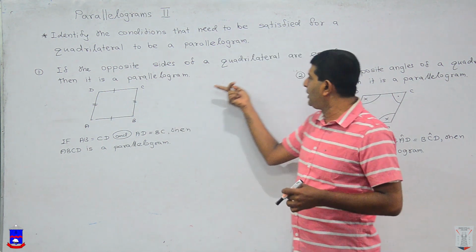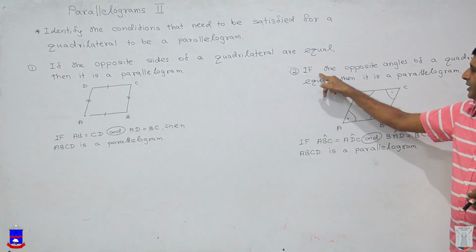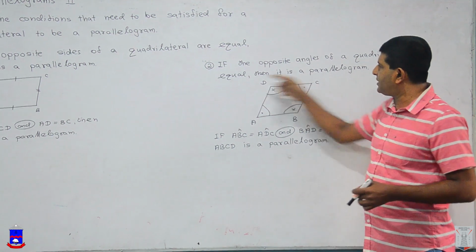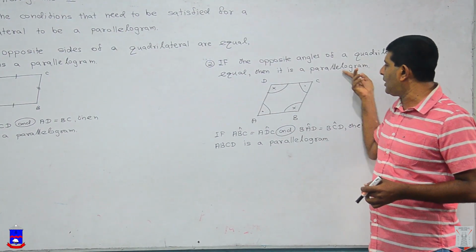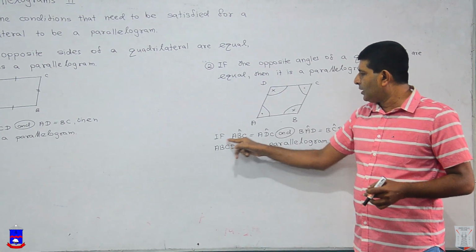Then we are moving to the second condition. The second condition is if the opposite angles of the quadrilateral are equal, then it becomes a parallelogram. That means this is quadrilateral ABCD.